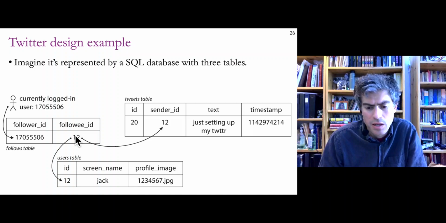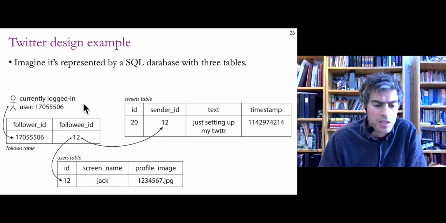So in this case, Jack is followed by user 17055506. Now, the scenario we're looking at is when this user 17055506 logs in and wants to see their Twitter feed.